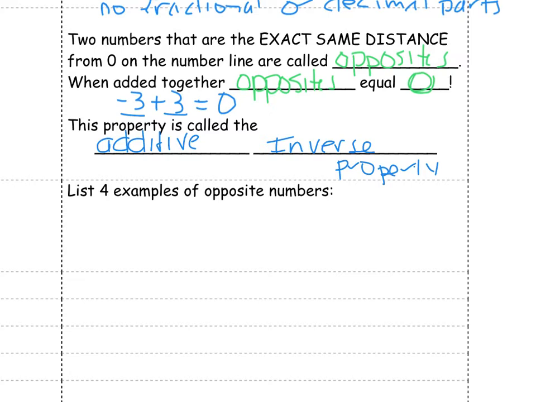Opposites can also be called additive inverses. All right, so list 4 examples of opposite numbers. So I'm going to list 37, and the opposite of that, same distance but on the other side, would be -37. You list 3 more, and we'll look at that when you come to class.